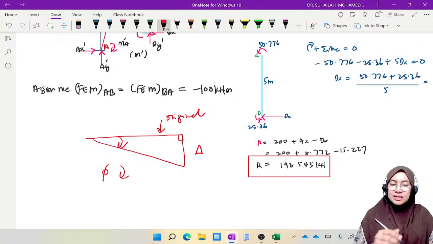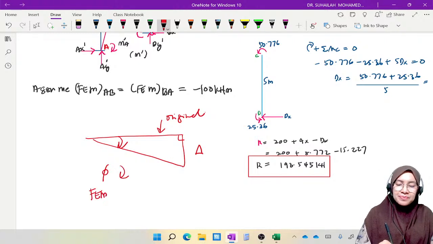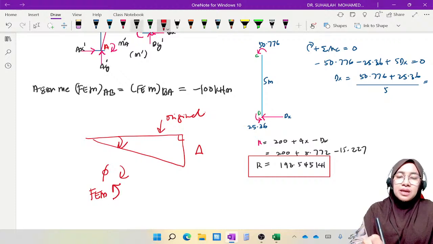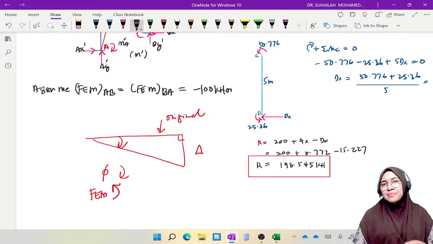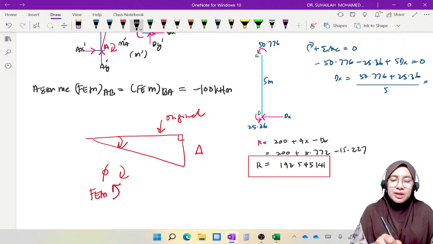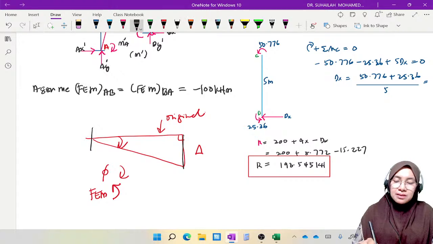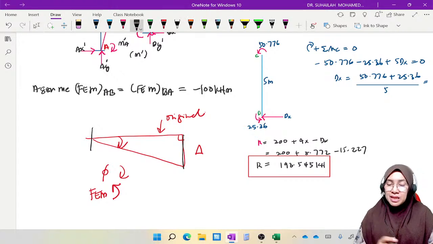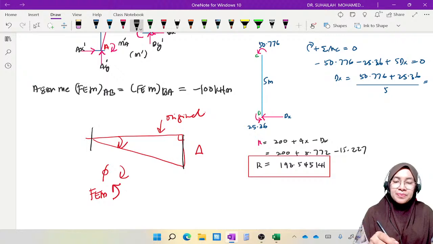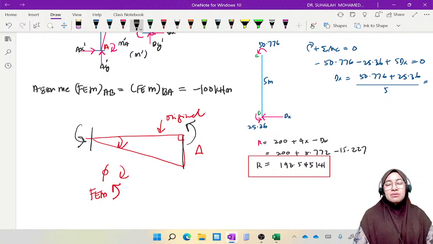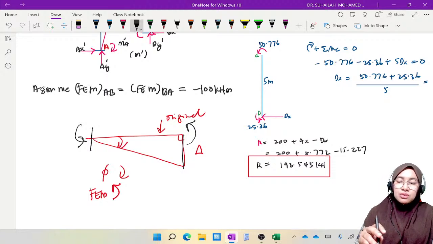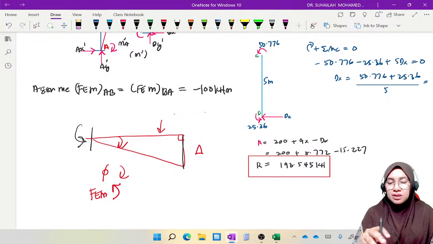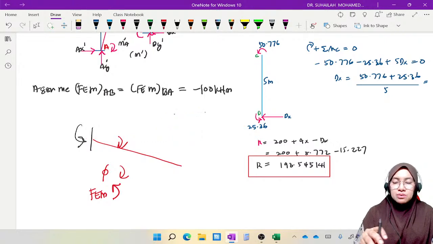And when the angle is clockwise, FEM will be anti-clockwise. That is why in the beam formula we can see that at fixed supports A and B, the moments are both negative. So this is a horizontal member.